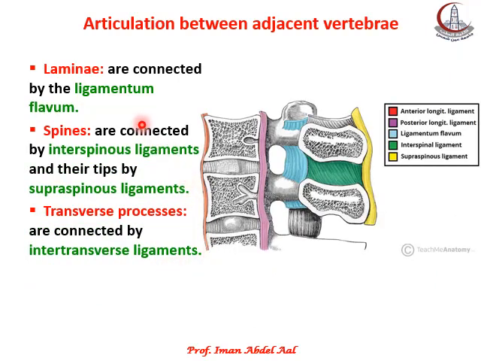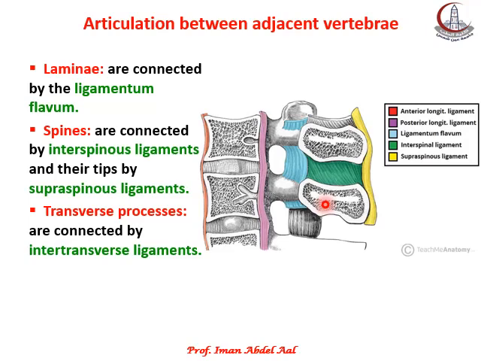Now the articulation between the laminae. If you look at this picture, this is the body of the vertebra, this is the pedicle, this is the lamina, and this is the spine. The laminae are connected together by what is called the ligamentum flavum. Here this is a spine and this is another spine.